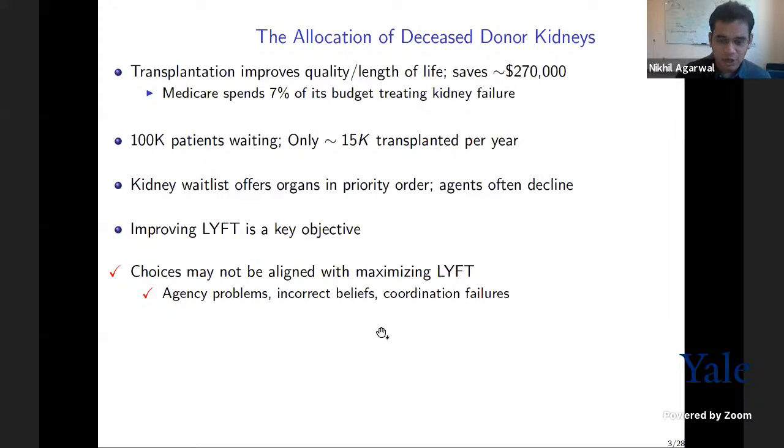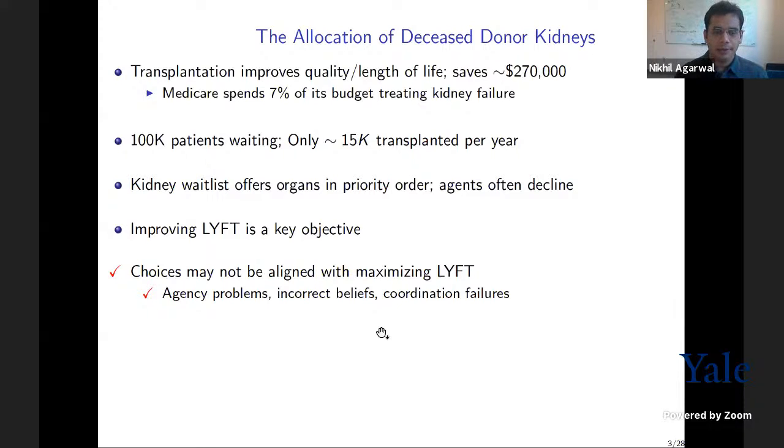And even if the beliefs are not incorrect, there might be coordination failures, because this is like a game where many patients are trying to accept an organ that is good for them. And there's no reason why the equilibrium of this game is going to result in an outcome that maximizes LYFT. So the map between allowing people to choose and finding an allocation that maximizes LYFT is far from trivial.